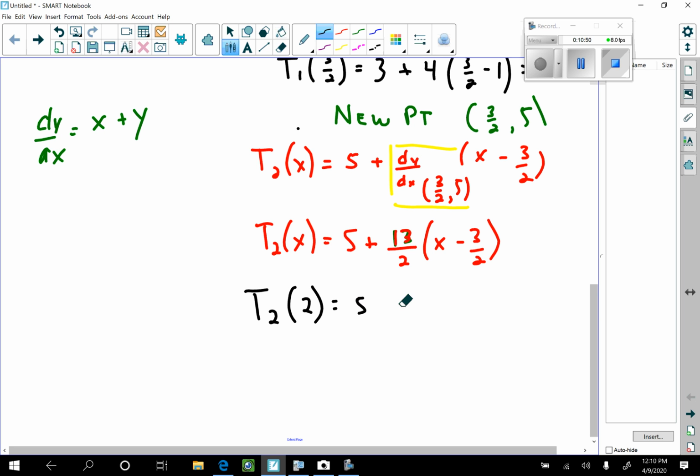That's going to be 5 plus 13 halves times 2, which is 4 halves, minus 3 halves. Okay, 4 halves minus 3 halves is 1 half, so this is going to be 5 plus 13 halves times 1 half.